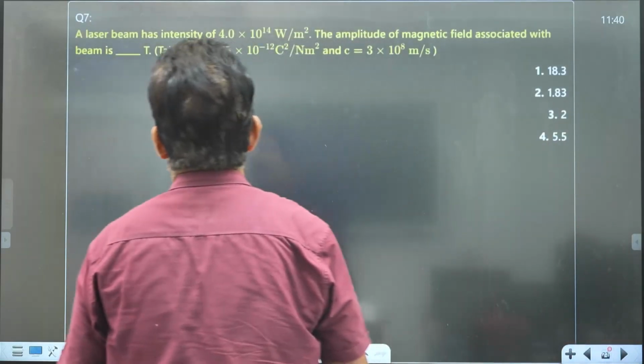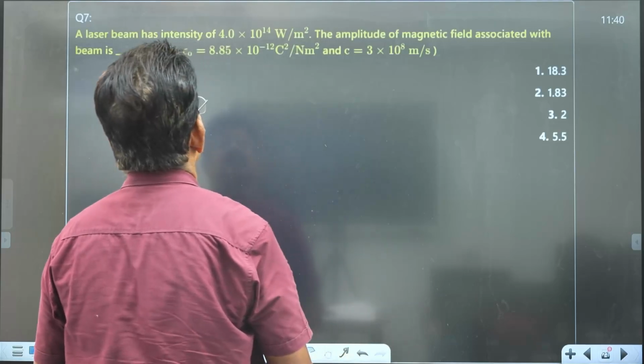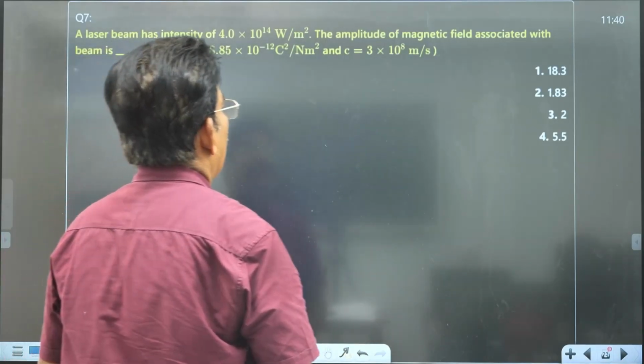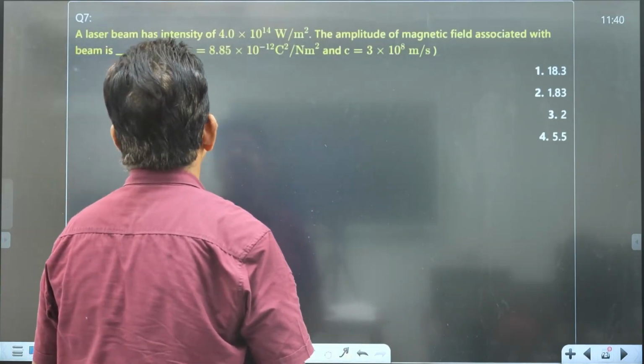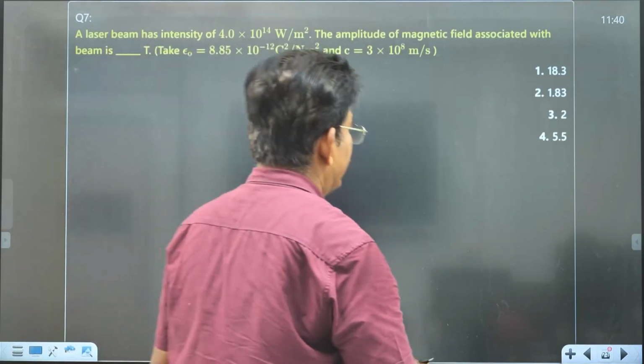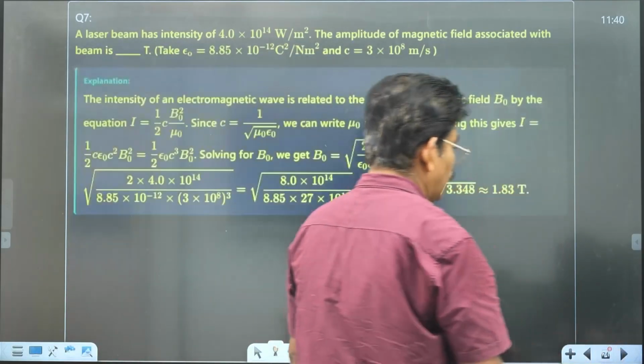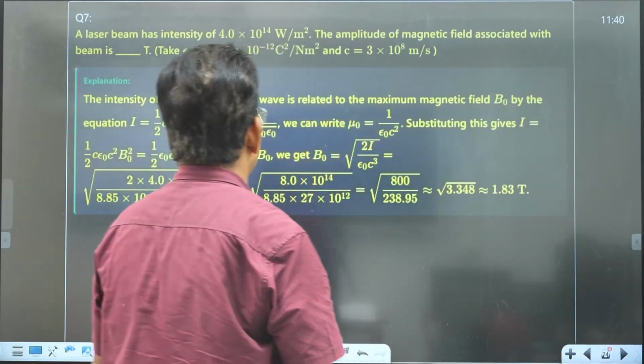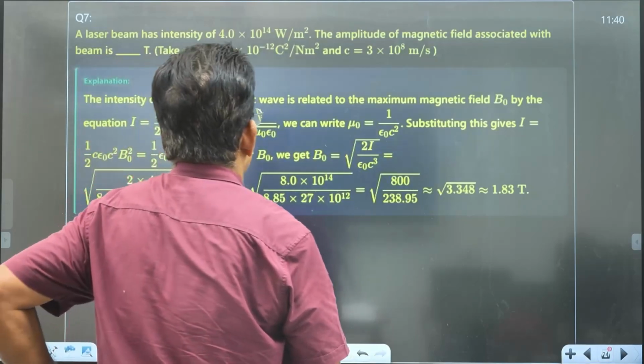A laser beam has an intensity of 4 into 10 to the power of 4. The amplitude of the magnetic field associated with the beam is asked. Again, the same problem, but instead of the electric field, it is the magnetic field.